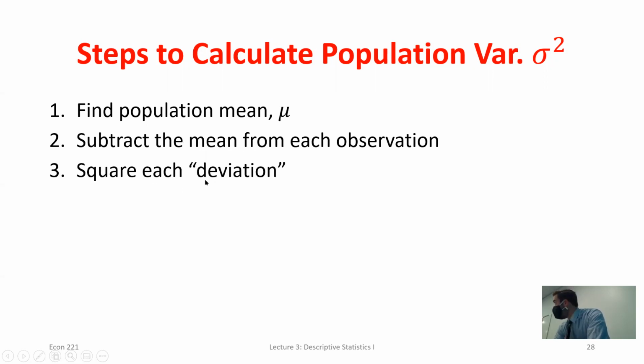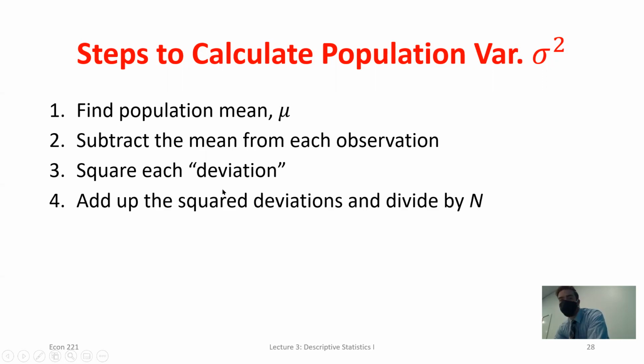Then we square all those deviations, add up all those deviations, and I guess I could have broken step 4 up here into 4 and 5 because once we add them up, we still have to divide by n, or for a sample, divide by n minus 1. Okay? So these are the steps written out in terms of how we're going to calculate the variance using that formula.